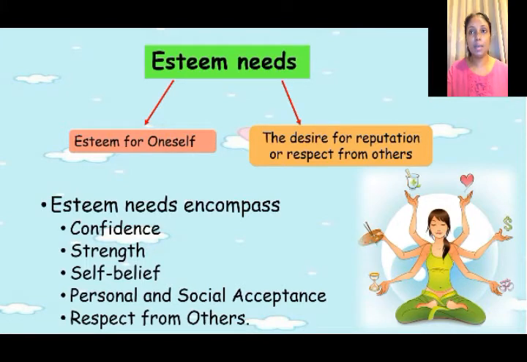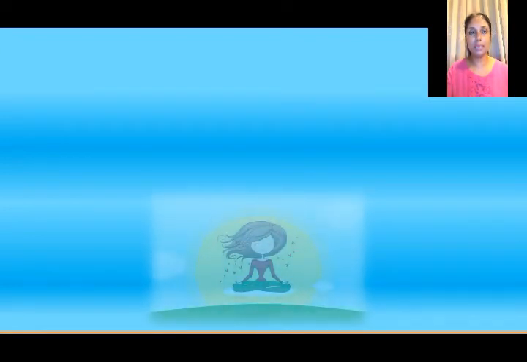These needs are represented as one of the key stages in achieving contentedness or self-actualization. Maslow indicated that the need for respect or reputation is most important for children and adolescents and precedes real self-esteem or dignity.